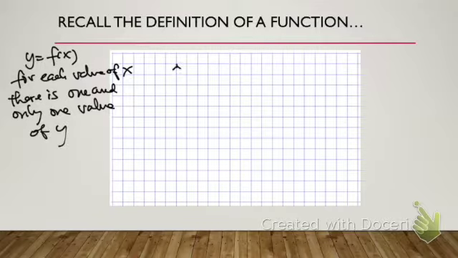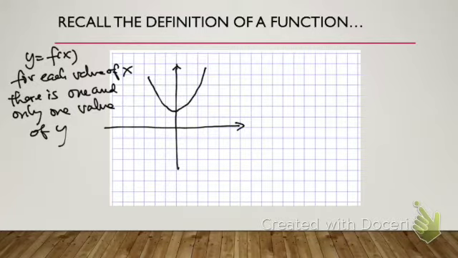So in other words, if I have a function that looks like this, let's say it's a parabola, for each value of x, is there only one value of y? Well, yes, there is, because if you pick a value of x here, you only get one value of y. You pick a value x here, you only get one value of y.